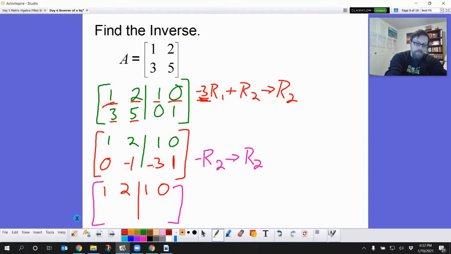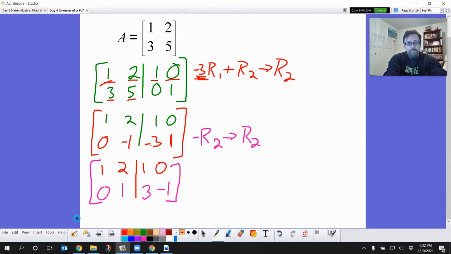All right, so that is going to be 0, 1, 3, -1. So we get -2 row 2's. We're going to add that to row 1. That is our new row 1, and we should have our inverse.